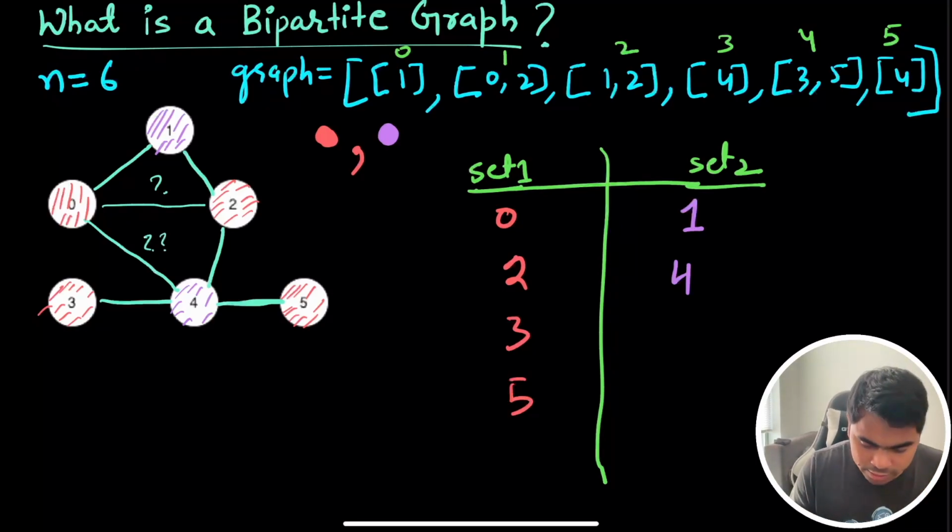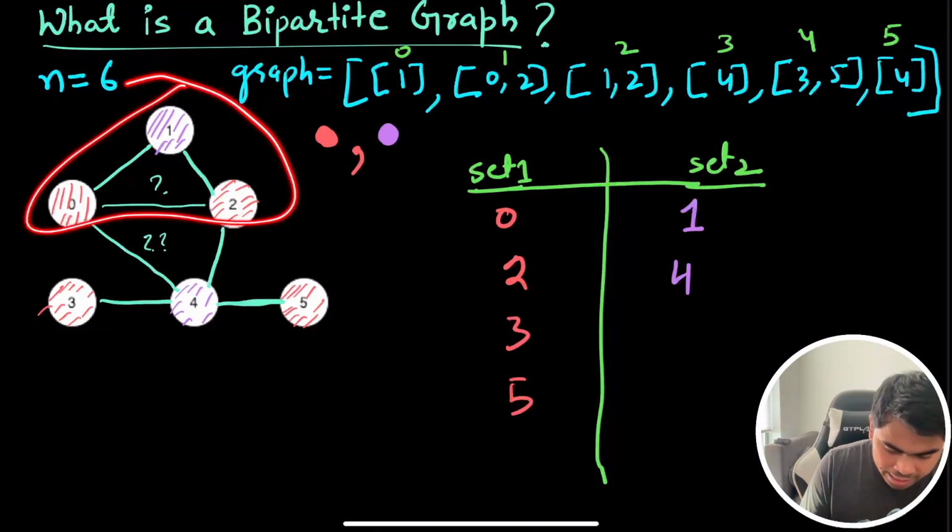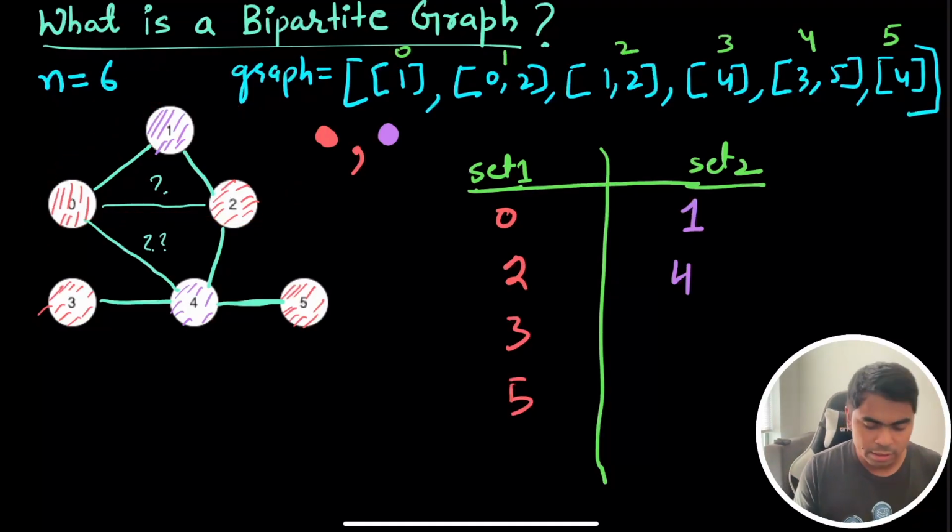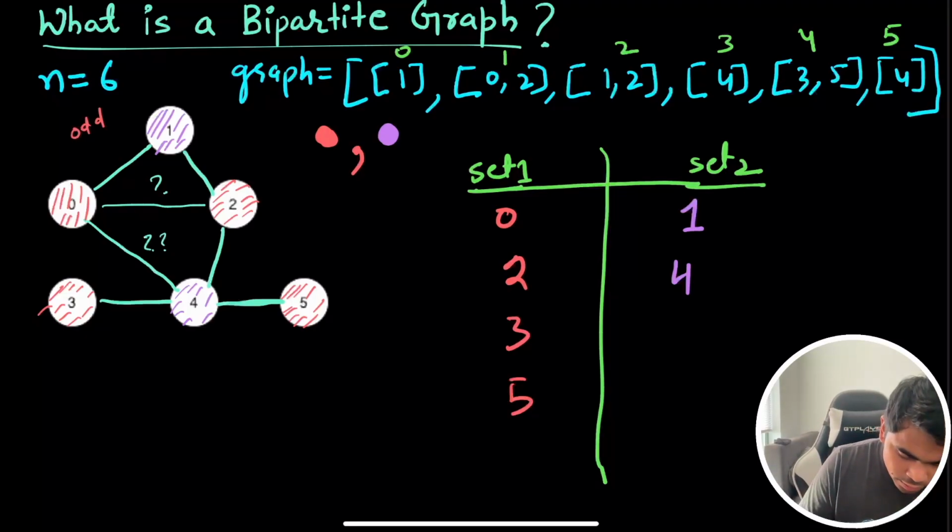Don't you see that this cycle has 3 members? So that means this has an odd number of nodes. But this one right here has an even number of members.